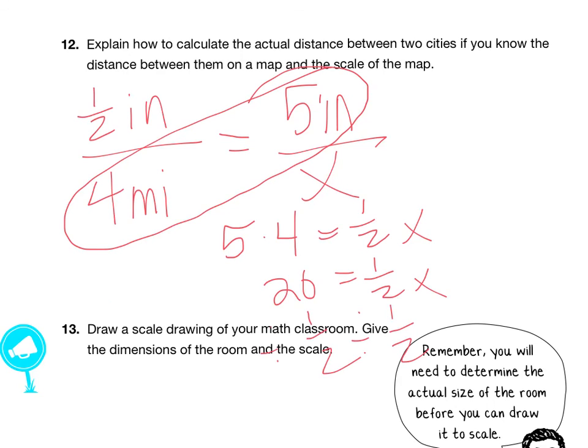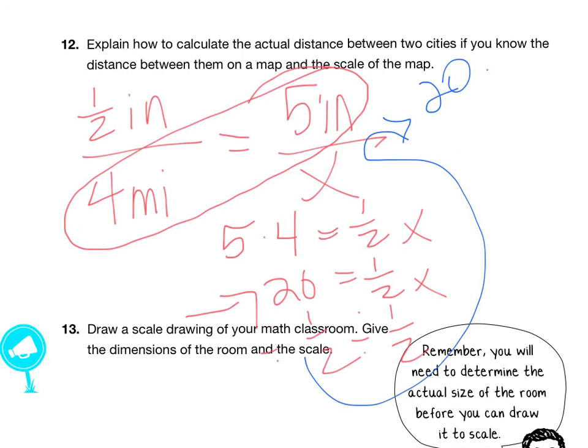And when we take 20 and we divide it by 1/2, we get, tell me. That's right. Take 20 divided by 1/2 means multiplied by 2 over 1, which means 40 miles. So 5 inches equals 40 miles.